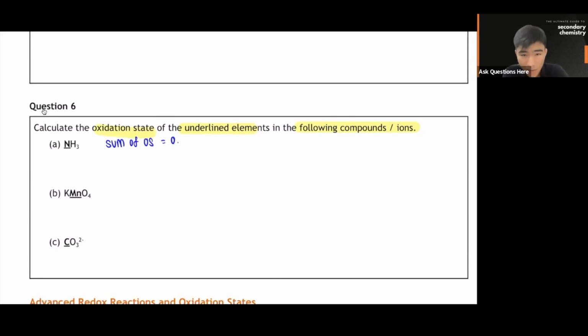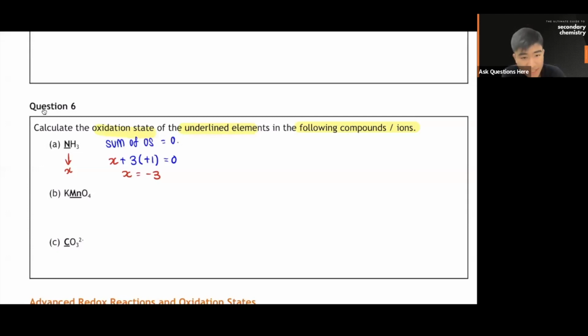Because this is a compound of 0 charge, the sum must be equal to 0. So I don't know N, I put X. So X plus 3 times hydrogen, hydrogen is +1, equals to 0. And from this, very conveniently, we can solve that nitrogen is going to have oxidation state of -3.